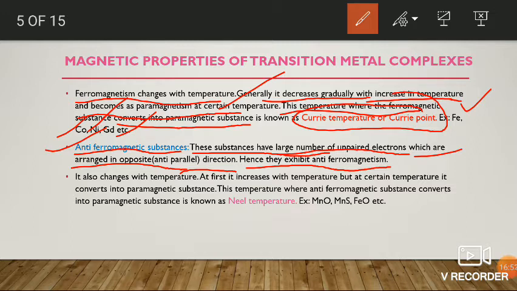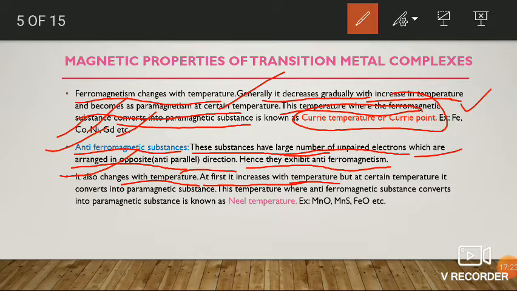Okay, fine. In the case of antiferromagnetic substances, the antiferromagnetism generally changes with temperature. At the start, it increases with temperature, because by increasing the temperature, the antiparallel arrangement of the unpaired electrons may convert into a somewhat parallel direction.